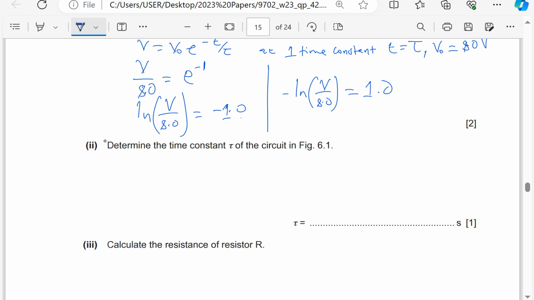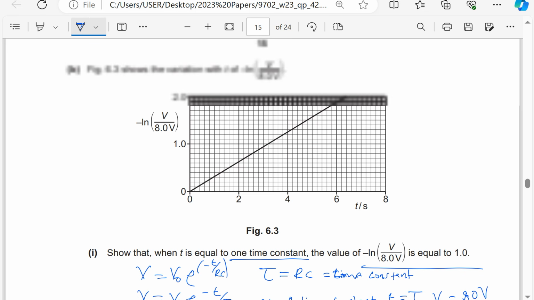So remember that negative ln of V over 8.0 is equal to 1.0. And let's look at this. For that, when ln of V over 8.0 is equal to 1, what is the time constant here?